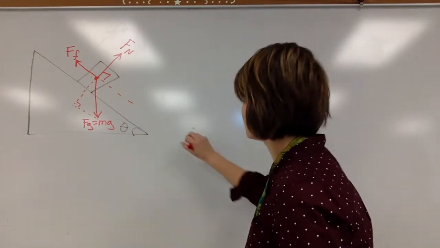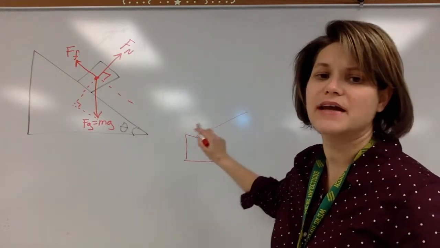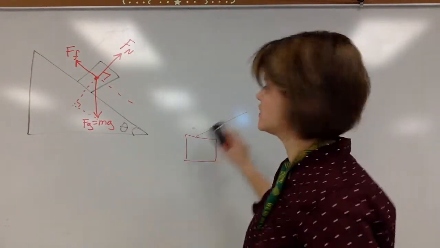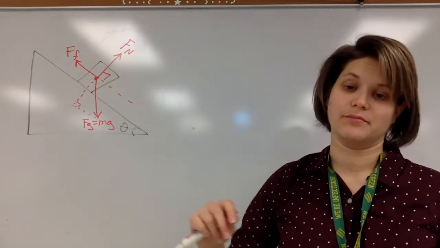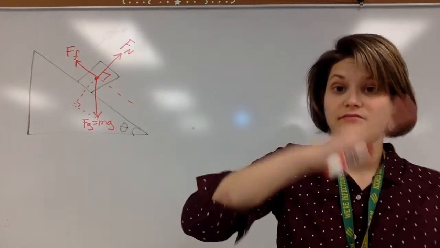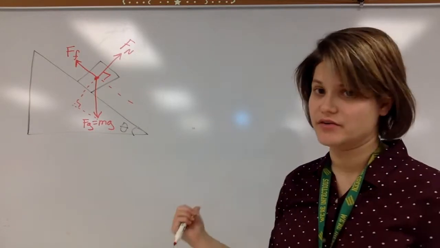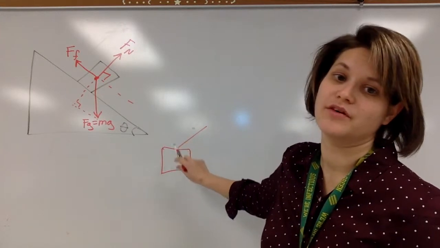When we were talking before about a force being applied at an angle, it was that applied force that was being broken up. But it's different when we have an object on an inclined plane. For that situation, it's the weight that's being broken up, because we're changing the surface. The surface is what's different.